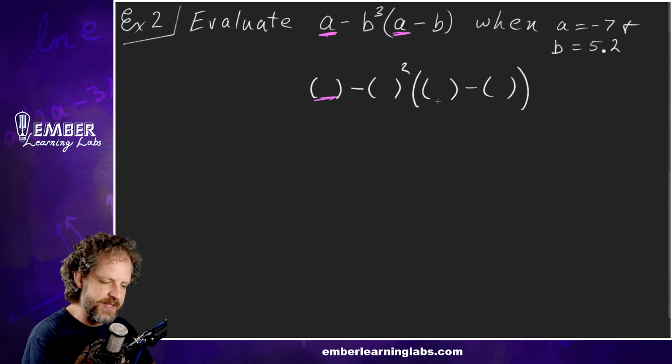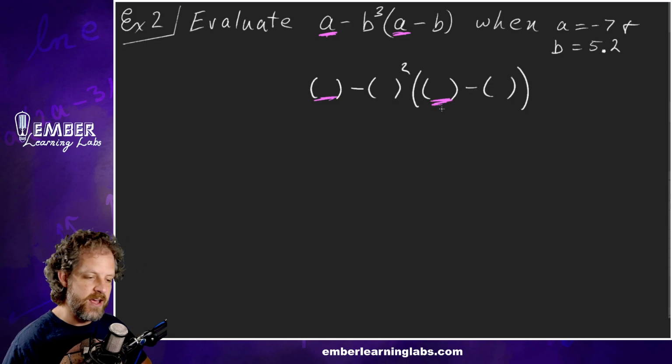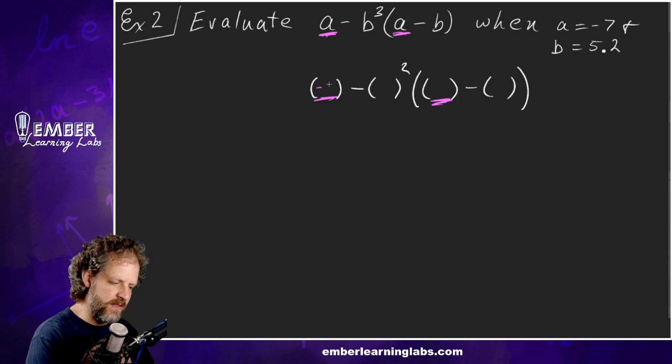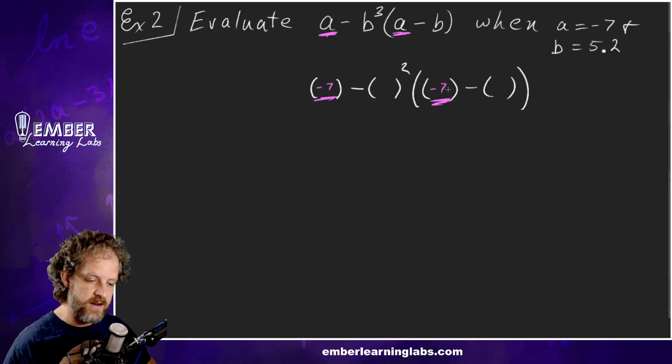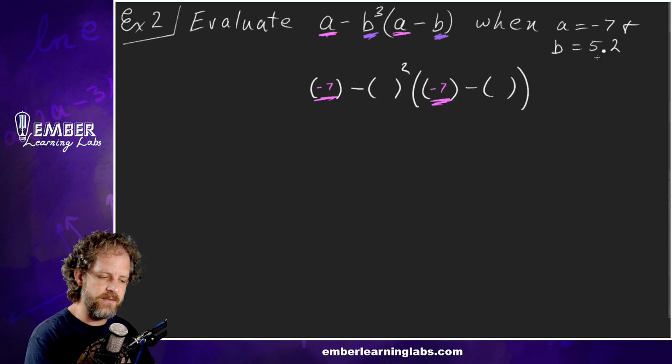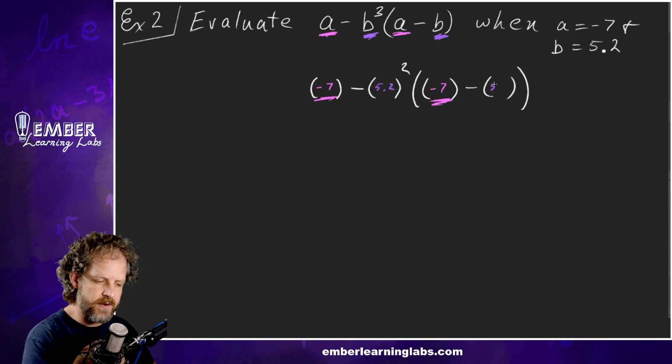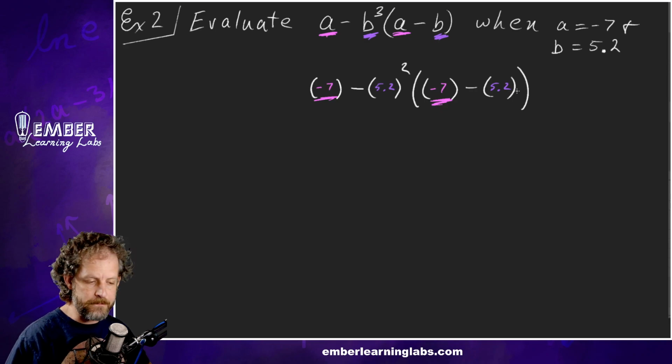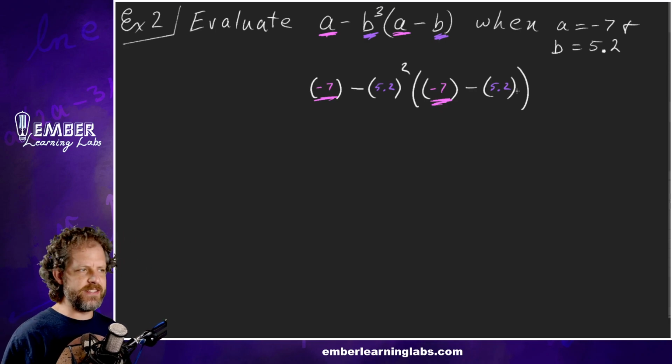So to line that up, it's this one and that one, right? So we're going to put negative 7 there and negative 7 there. Now for the b, everywhere where there's a b, we're going to plug in 5.2. There we go.